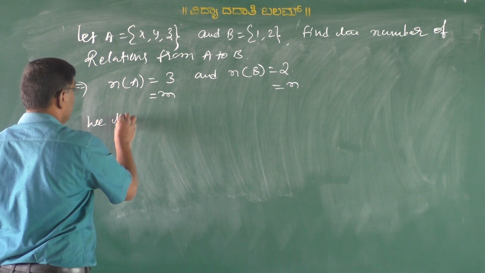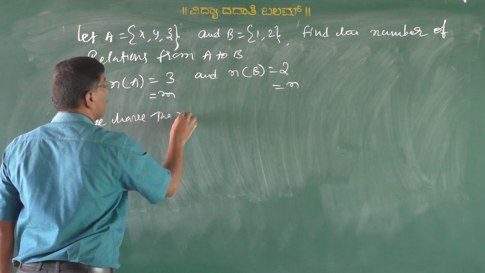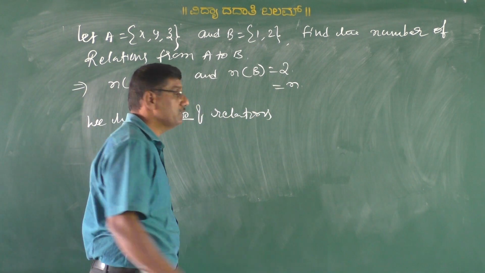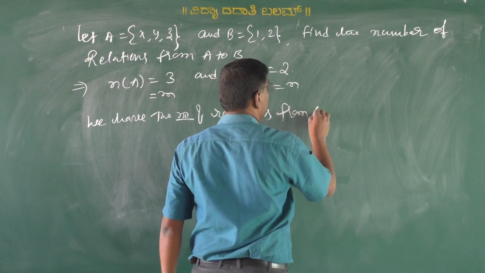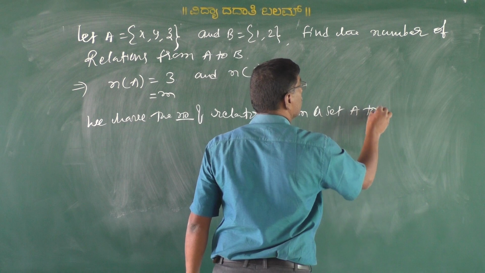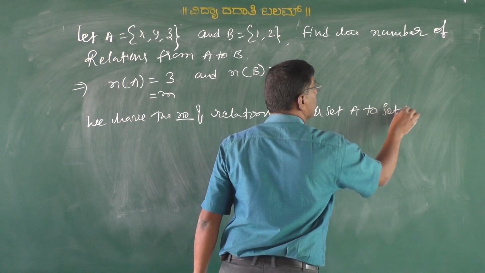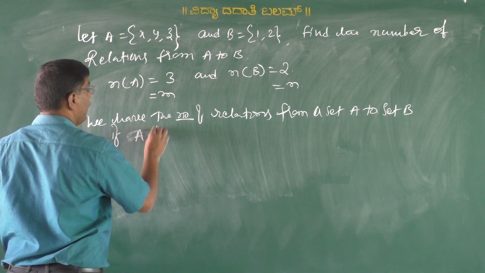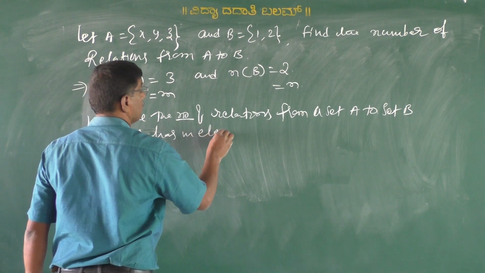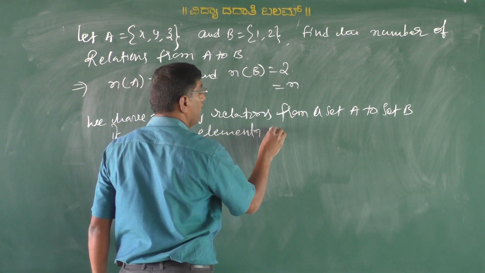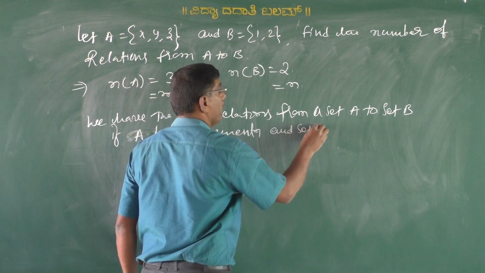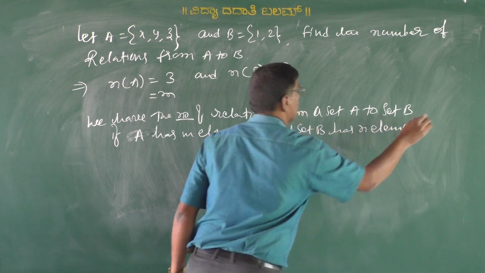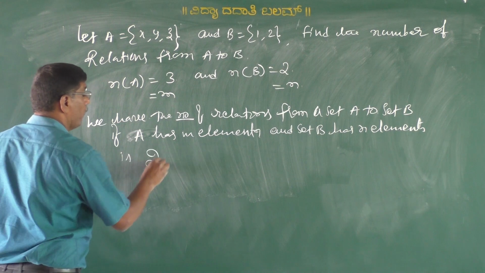We have the number of relations from set A to set B: if set A has m elements and set B has n elements, it is 2 to the power of mn.